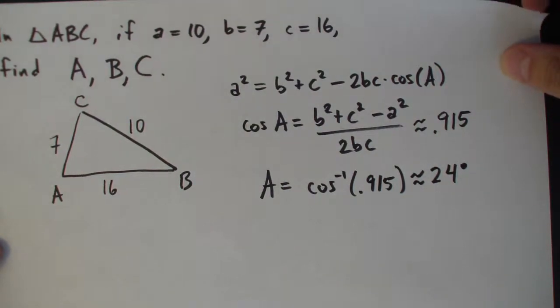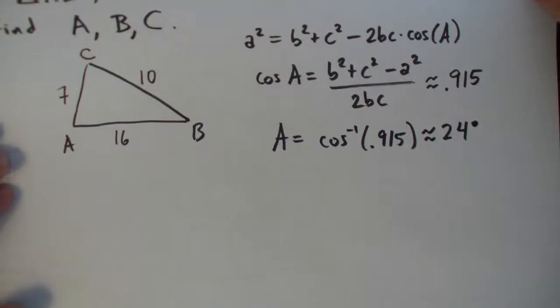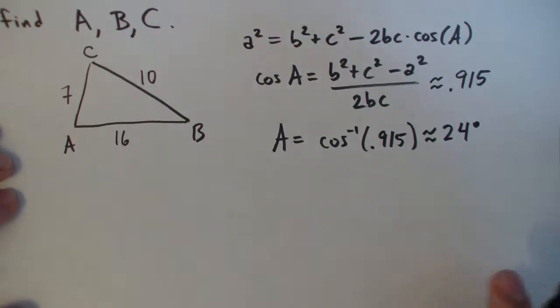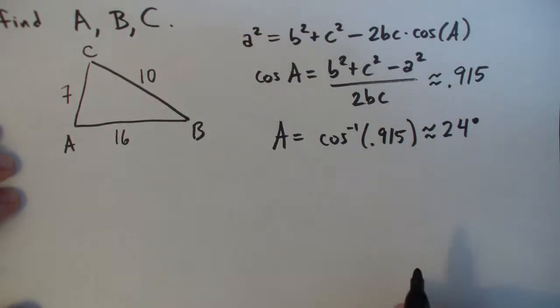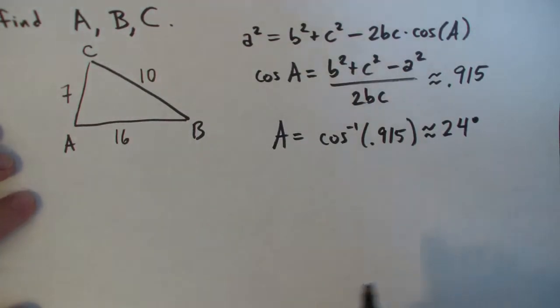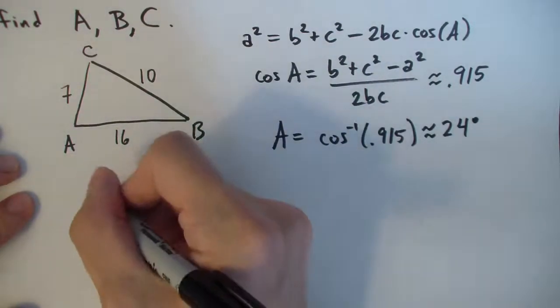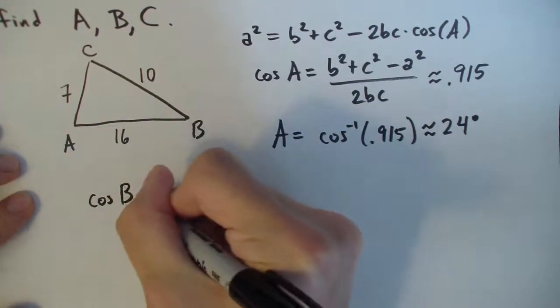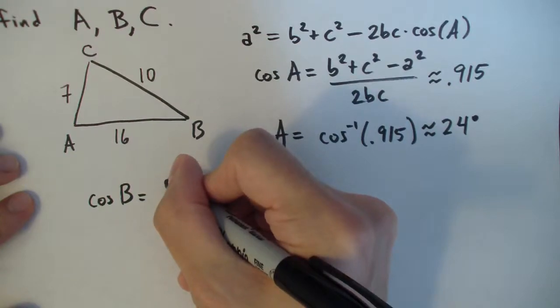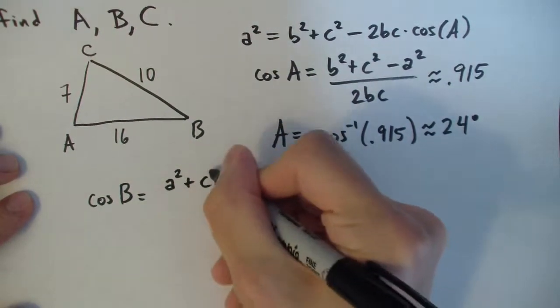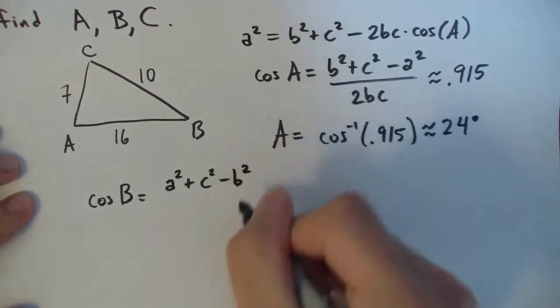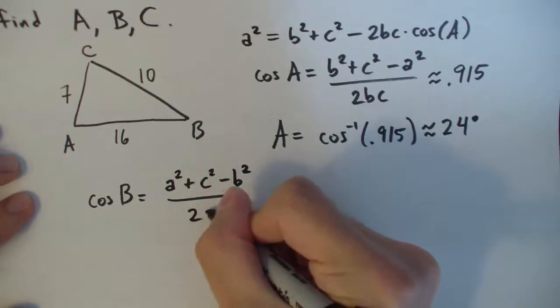And now similarly, we can find angles B and C, or either one of them using the law of cosines, and then we'll find the third by just taking 180 minus the two angles that we found. So let's find angle B using the law of cosines. A similar process to what we did there, we'll find that cos of B is equal to a squared plus c squared minus b squared over 2ac.